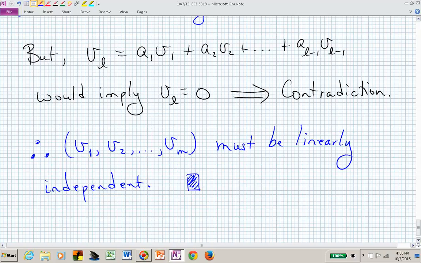And that says then that once you start with distinct eigenvalues of a linear map, the associated eigenvectors from those distinct eigenvalues will be linearly independent. And that now allows us to start spanning different spaces if we want to.